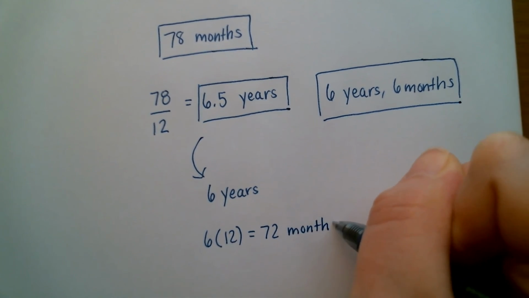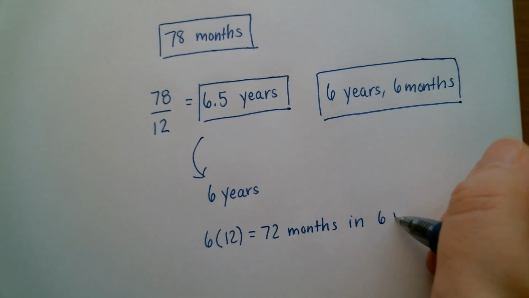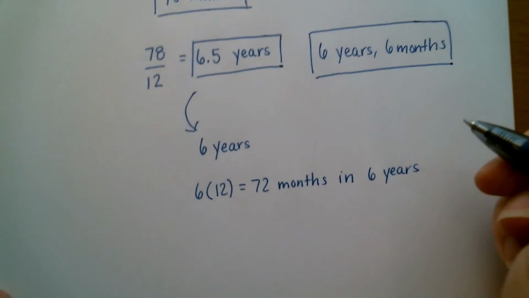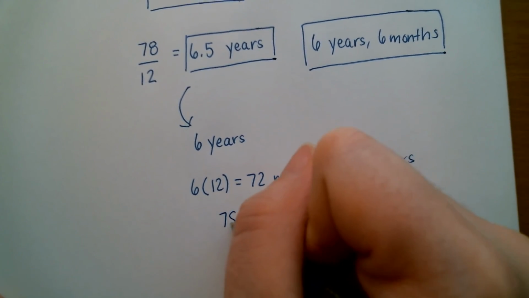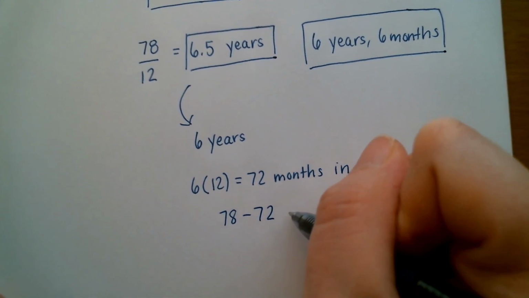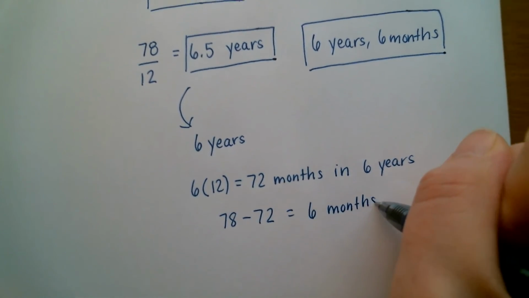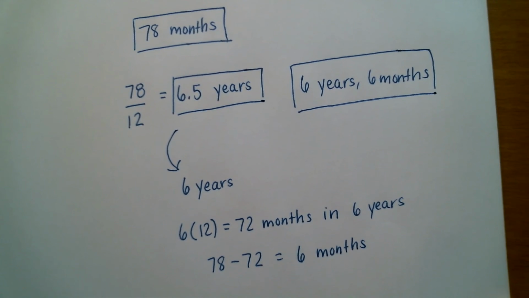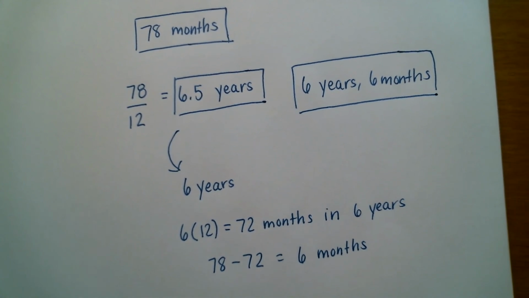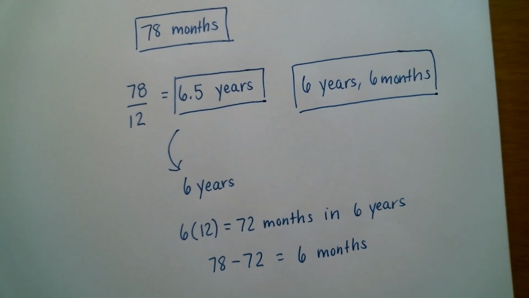So 72 months in 6 years. And then I've got 78 total months, subtract out the 72, and that's going to give me 6 months left over. So these are all equivalent ways of expressing the answer. It could take a total of 78 months, which is equivalent to 6.5 years, which is 6 years, 6 months.